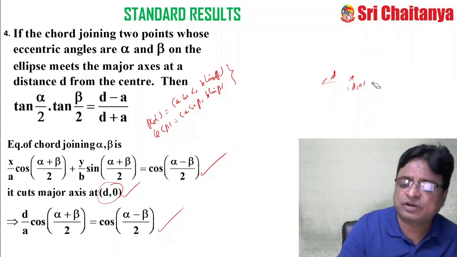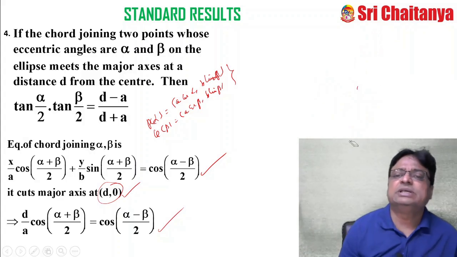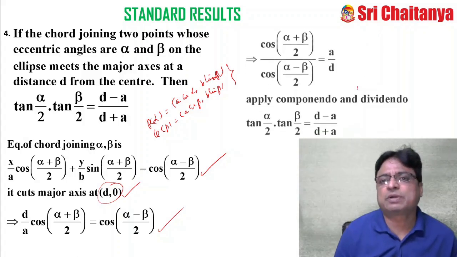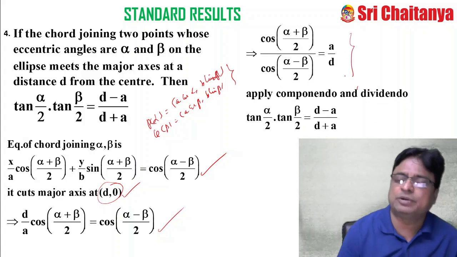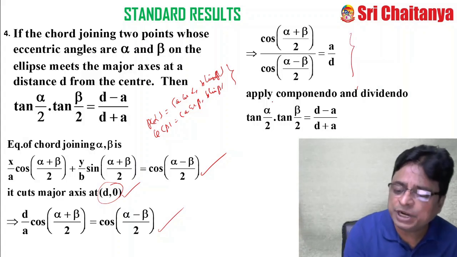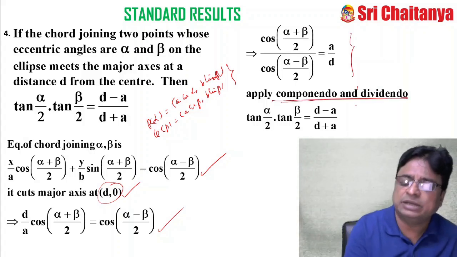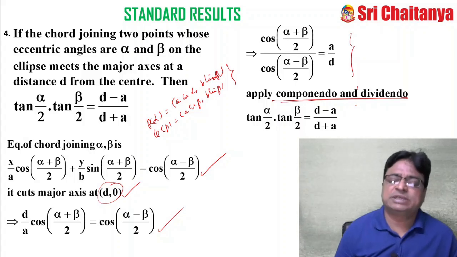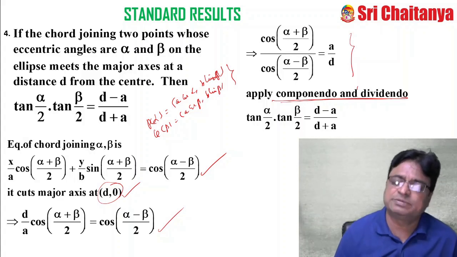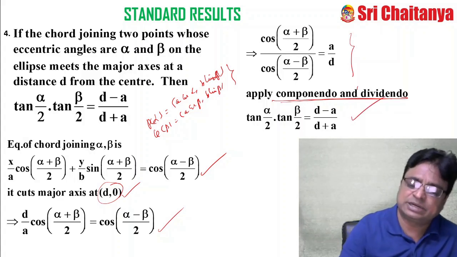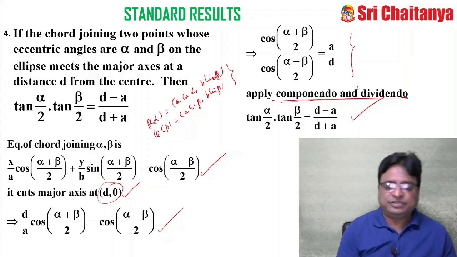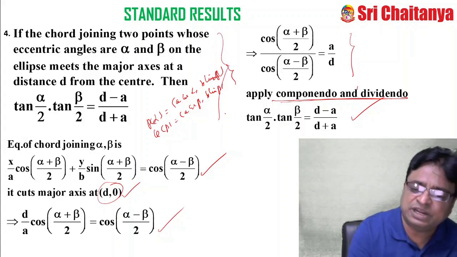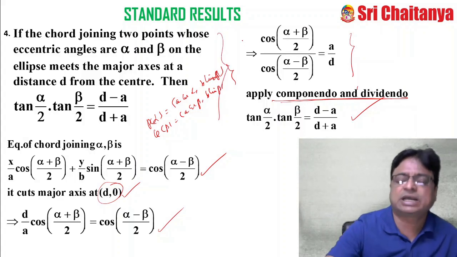Now this is not a coordinate geometry problem, it is just a trigonometry compound angles problem. Because now I got a relation: cos((alpha plus beta)/2) by cos((alpha minus beta)/2) equal to a by d. Apply componendo and dividendo and simplify using the cos A plus cos B or cos A minus cos B formula, and you will get the answer: tan(alpha/2) into tan(beta/2) equal to (d minus a) by (d plus a). This is also a very important result in the entire ellipse.